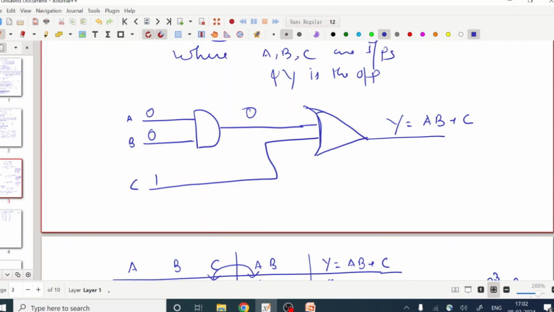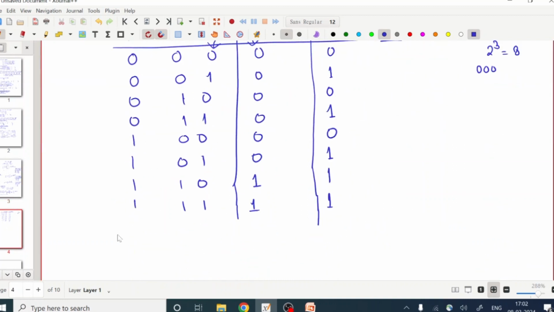At least one input being 0 gives output 0. Then for 1 and 0 we apply an OR operation, so one input is high and the output is 1. So in this particular combination the output is 1. Similarly, we check the rest of the combinations: in case of 0 1 1 the output is high, and in case of 1 0 1, 1 1 0, 1 1 1 the output is high.